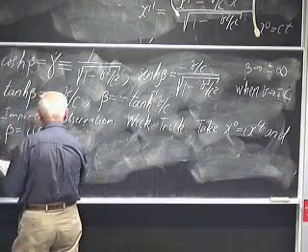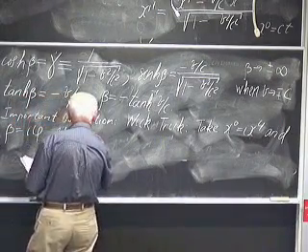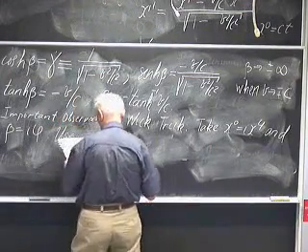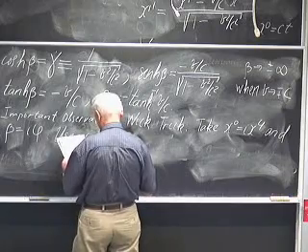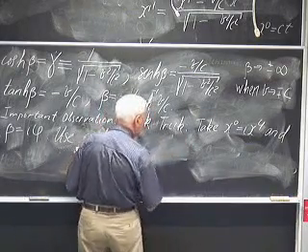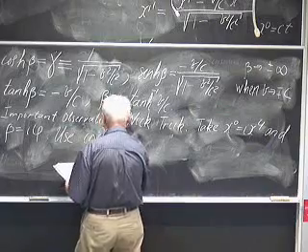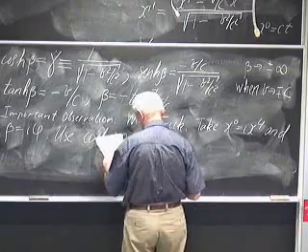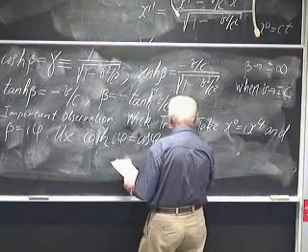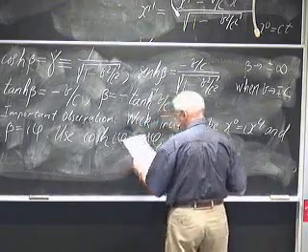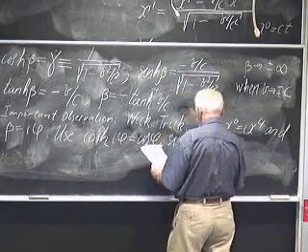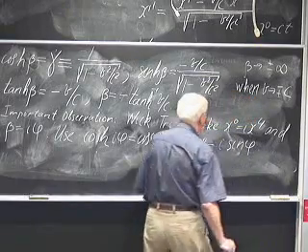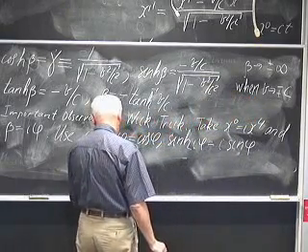Hyperbolic cosine of i phi is just cos phi. Hyperbolic sine of i phi is nothing but i sin phi.